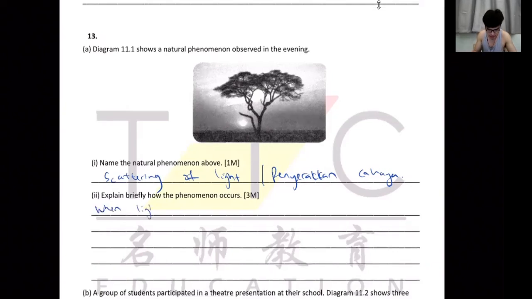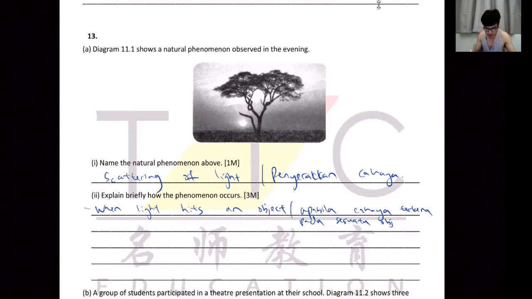When light hits an object, apabila cahaya terkena pada sesuatu objek. Wait, this is the sky, right? Then I don't think we should say object already. Okay, sorry, we changed a little bit.